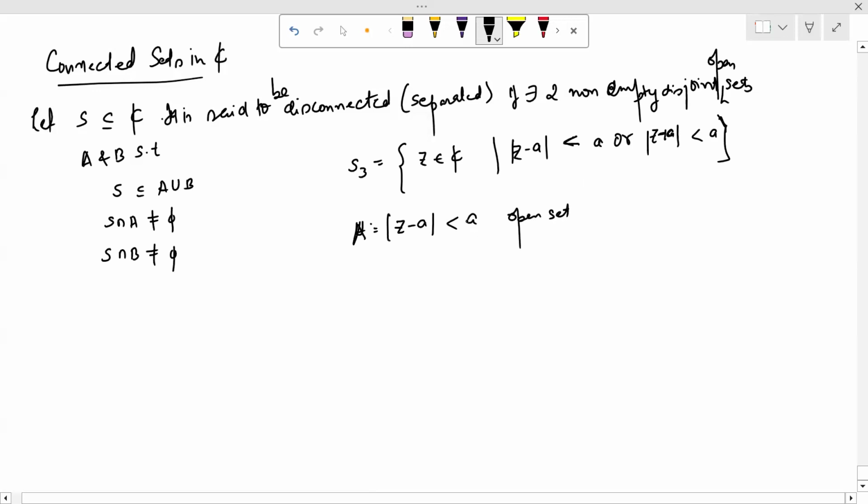I think this is quite easy to see. Similarly, set B, I can write as modulus of Z plus A less than A. This is also an open set.